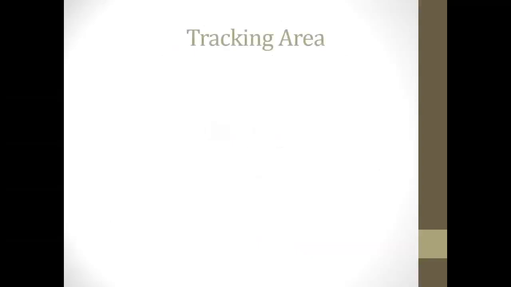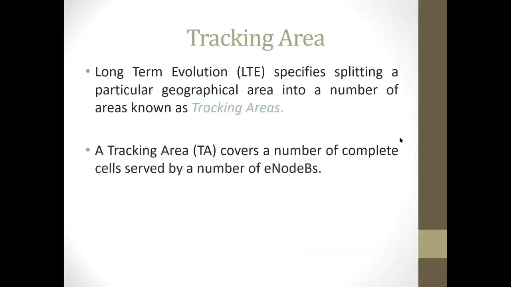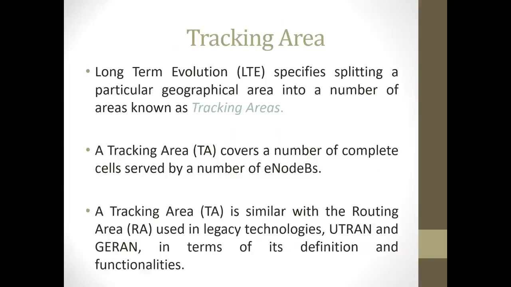But the purpose is basically the same. You cover a number of complete cells. And also there is a tracking area code, TAC, and the tracking area update operation or TAU operation is performed when it is necessary.